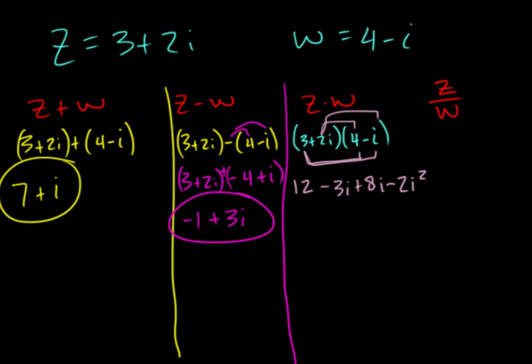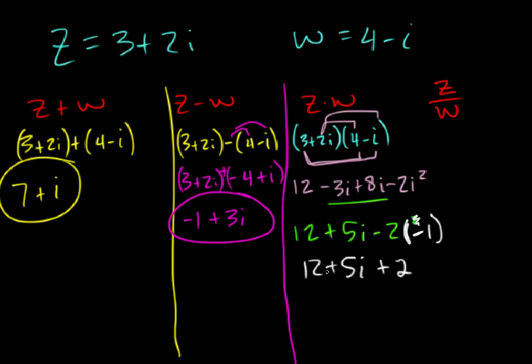Now, I'm going to combine like terms right there. And then remember that i squared is the same thing as negative 1. So this is really like just multiplying by a negative 1. And so that's going to be a positive 2. And then we can combine these two into 14 plus 5i.